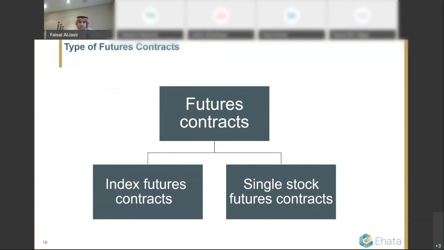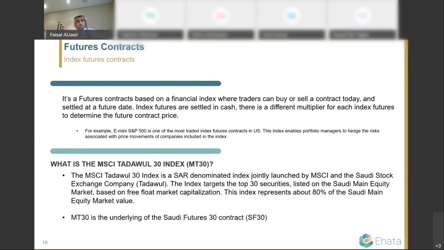We will be looking at index future contracts, which is the one that will be launched by Tadawul, and single stock future contracts. Index future contracts are future contracts that are based on a financial index, where traders can buy a contract today and settle it at a future date.